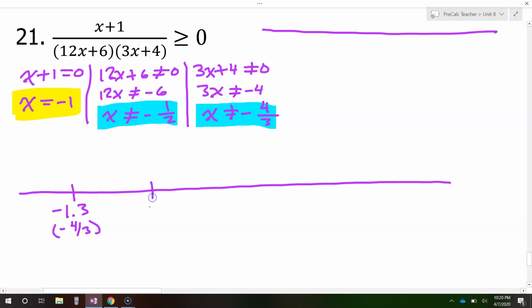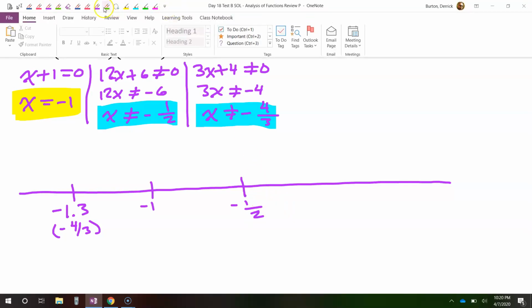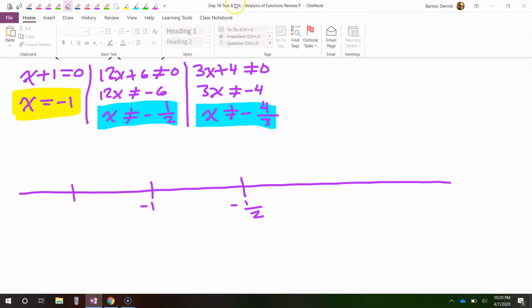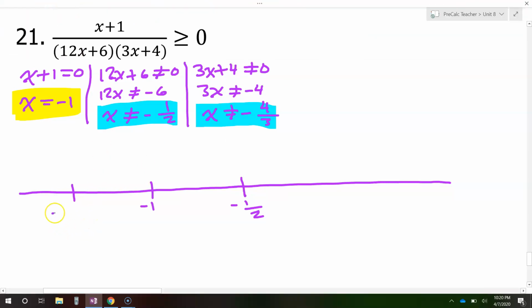I'm just going to put it over here to leave space for my work. So there's -1. And then later on, we have -1/2, which would be right here. Okay, good to know. All right, I moved it down here. I think I'm just going to swap these around for some reason. Okay, so this is negative 4 over 3, which is approximately negative 1.3.